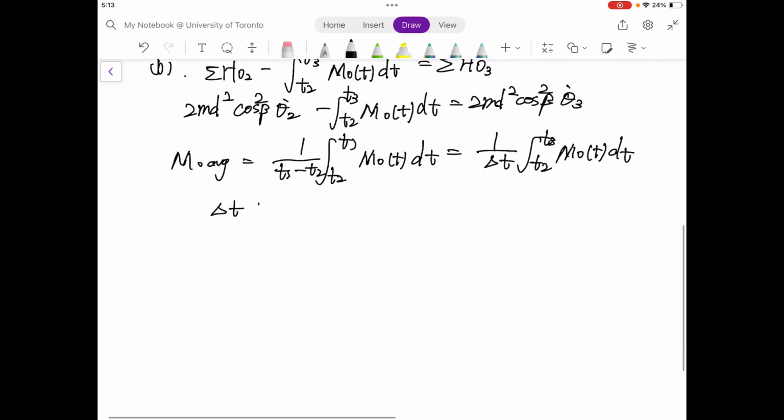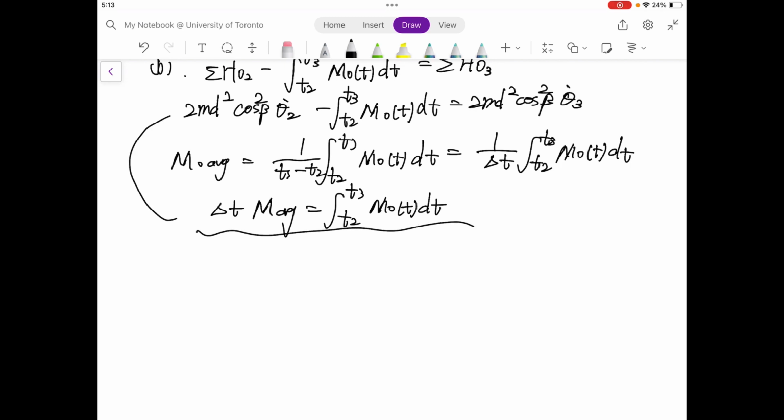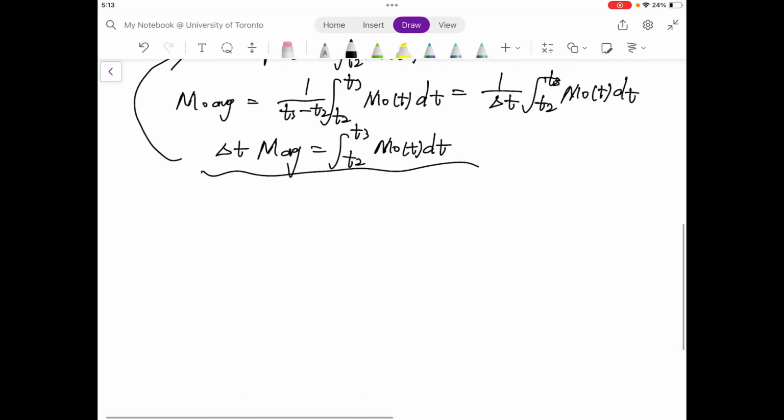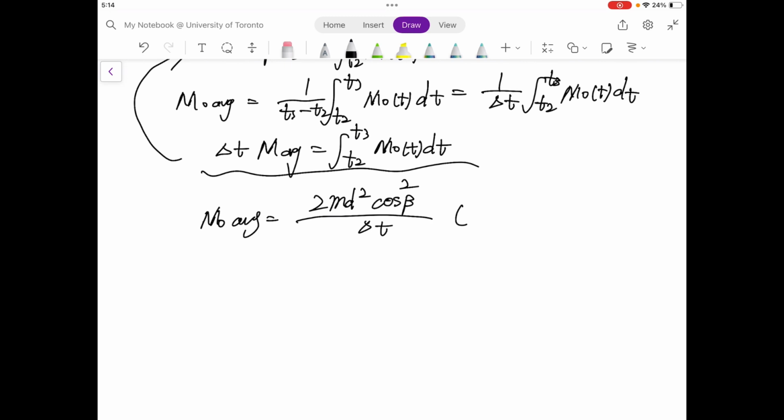So delta T times moment average is equal to the integral from T2 to T3 of M_O(t) dt. We put this back into our equation.